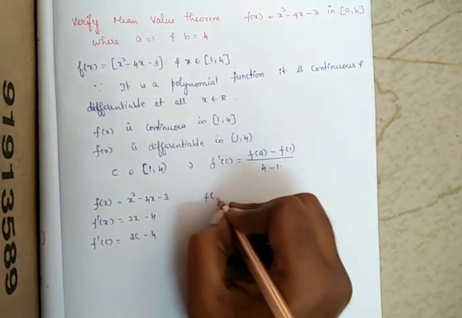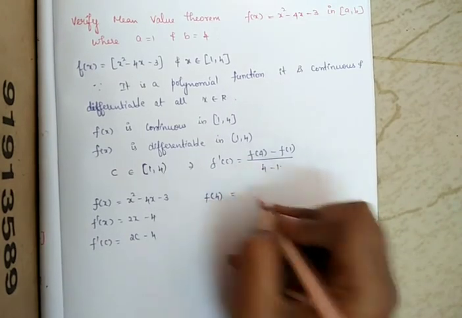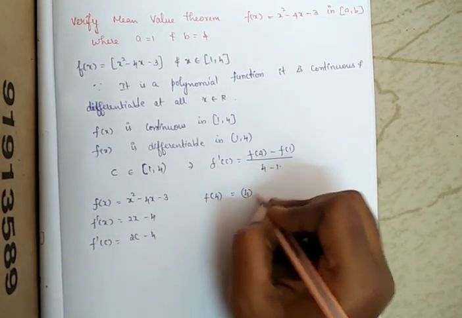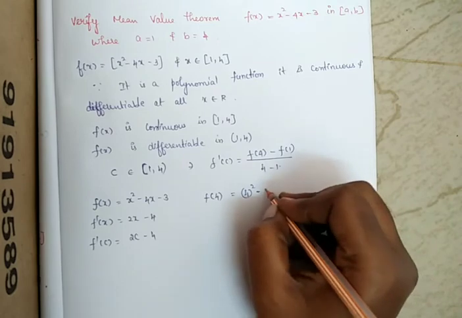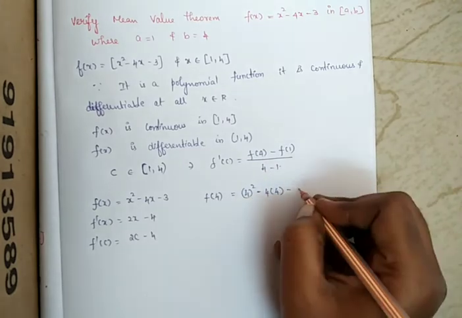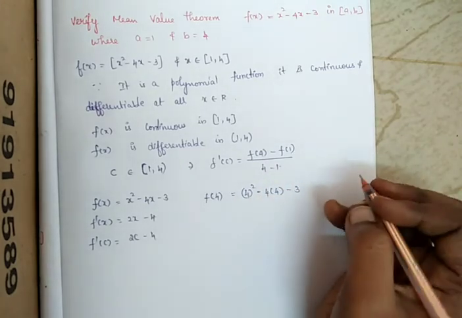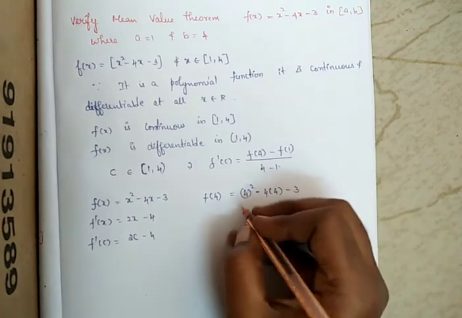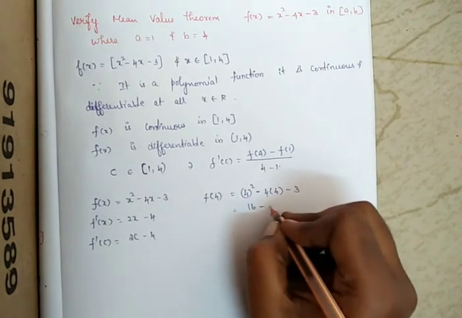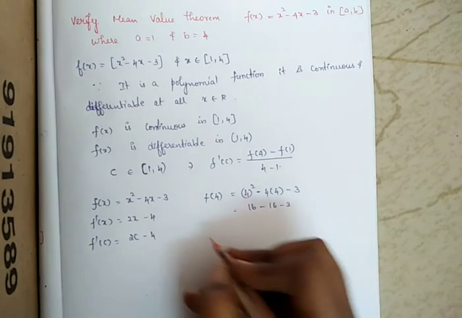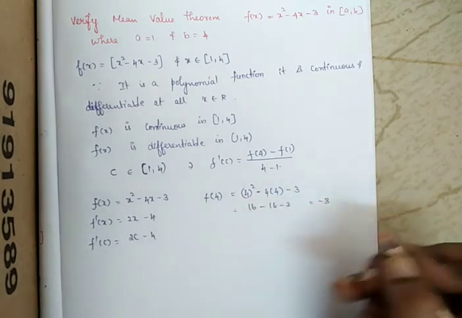Now f of 4 we have to find out. F of 4 is nothing but 4 square minus 4 into 4 minus 3. So this is equal to 16 minus 16 minus 3, equal to minus 3.